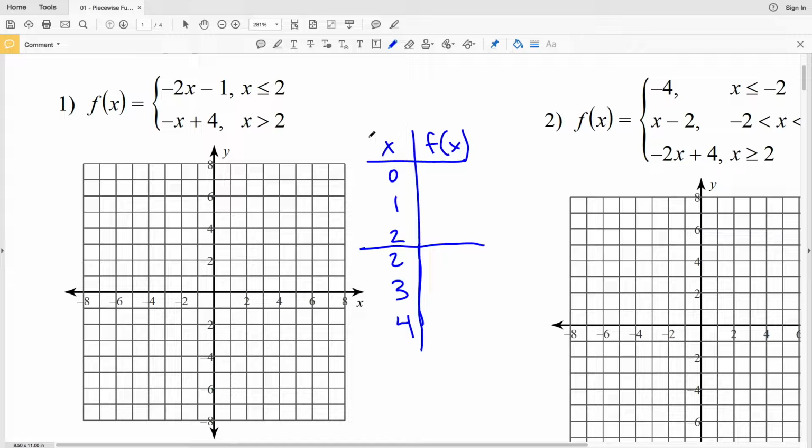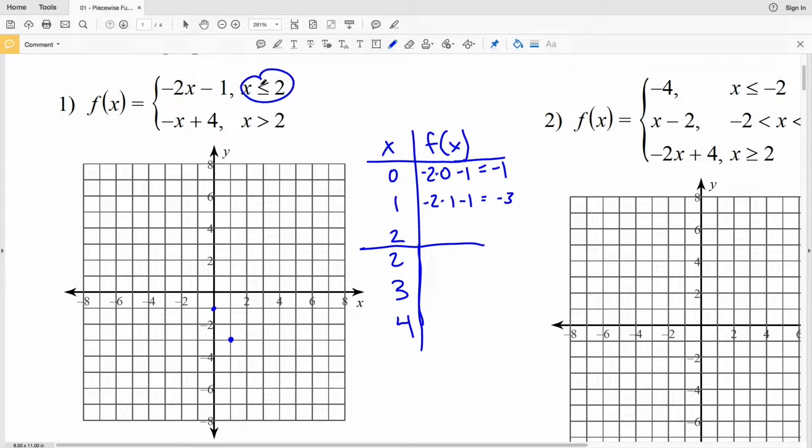Now, plugging in 0 for x, I'll have negative 2 times 0 minus 1, which equals negative 1. So I'll plot 0, negative 1. Then I'll have negative 2 times 1 minus 1, which is negative 2 minus 1, which will be negative 3. So when I'm at 1 in the x, I'm at negative 3 in the y.